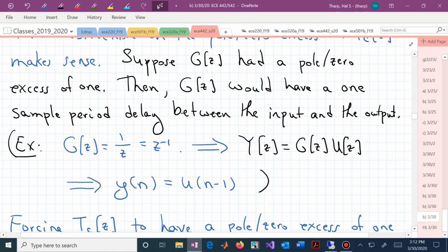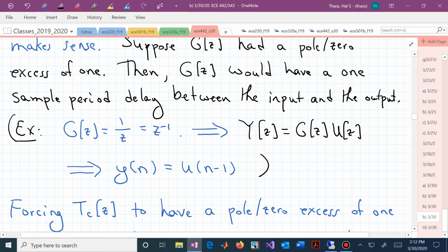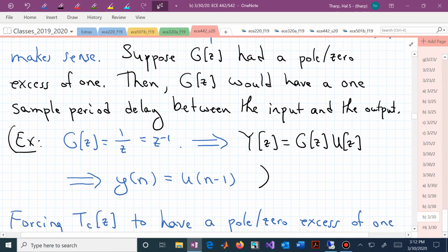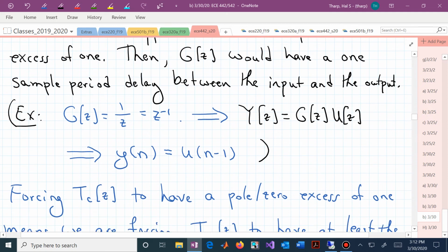That means then that Y of Z for just this system is GU, but in the time domain that says now that Y of n is equal to U of n minus 1. So we have a 1 sample period delay between the input U and the output Y. The Y at the present time is equal to the input 1 sample period earlier.